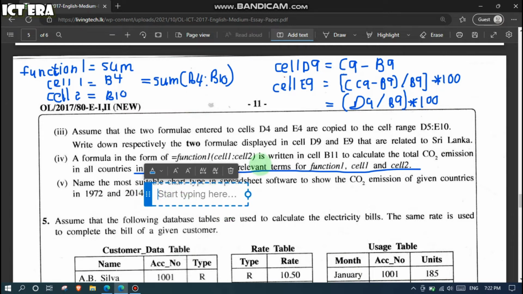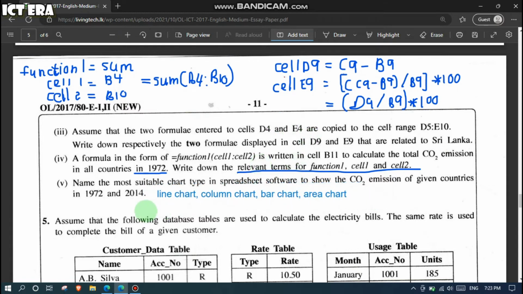So we can write here line chart, column chart, bar chart, or even we can write area chart also. They are expecting only one answer, so you can write a line chart or bar chart.